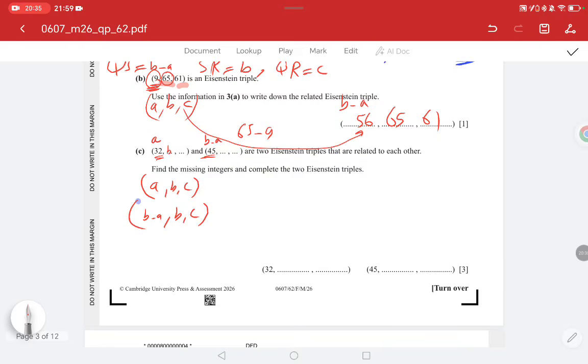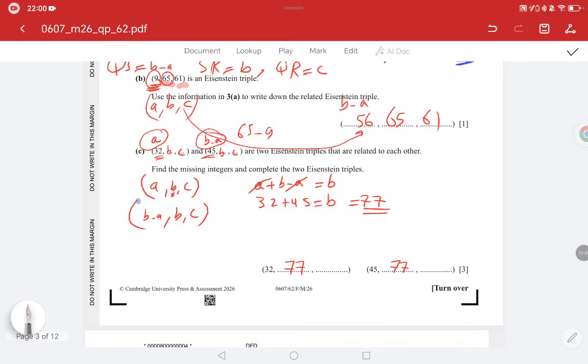And this two should be the same, BC, BC. In this case, if I wanted to find this B, I can add this 2, because if you add A plus B minus A, this will give you what? B, right? So let's add them. 32 plus 45. This will give us B, right? Which is what? 77. So now we know that B is 77.